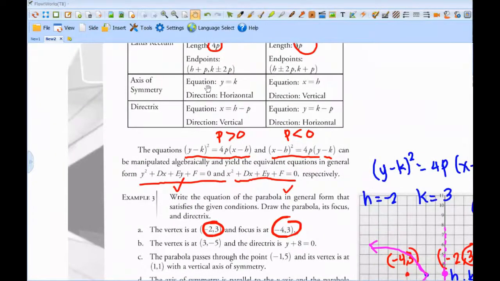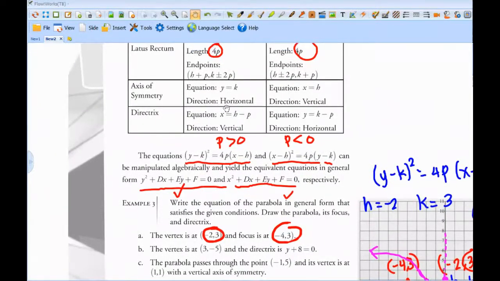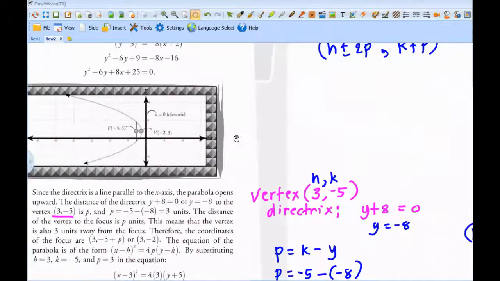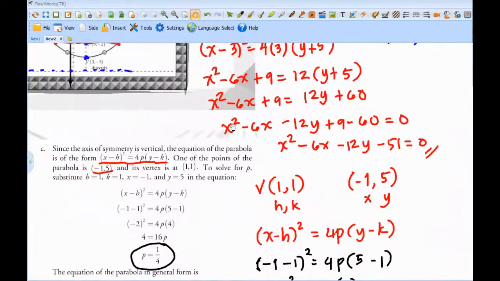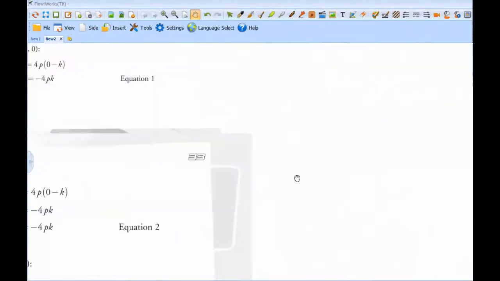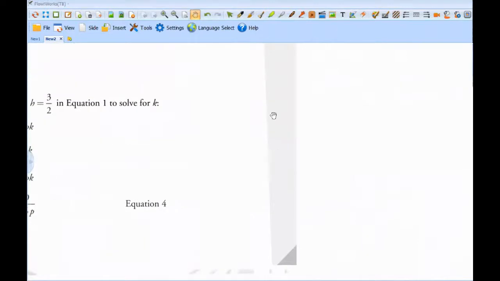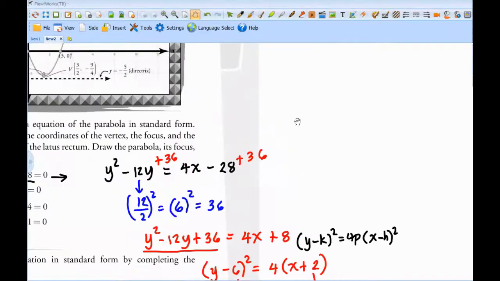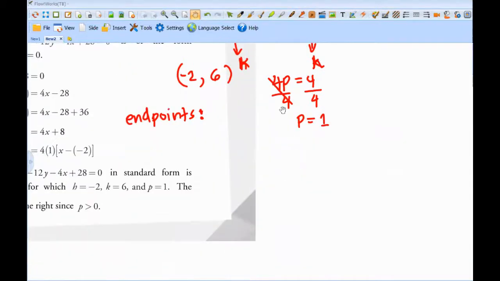So the latus rectum formula is h plus p and k plus or minus 2p. Okay, h plus p and k plus 2p.